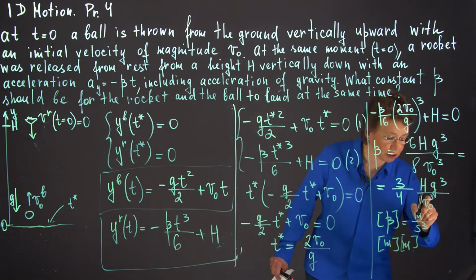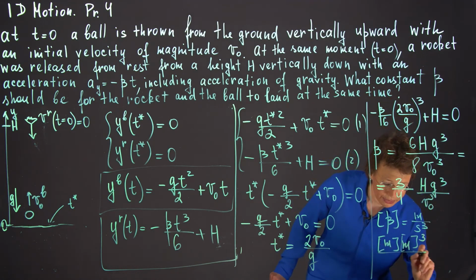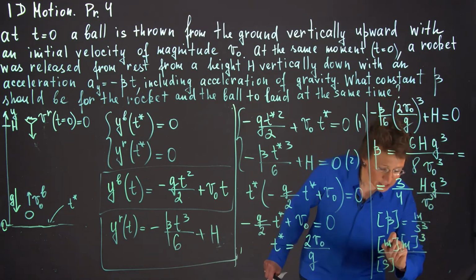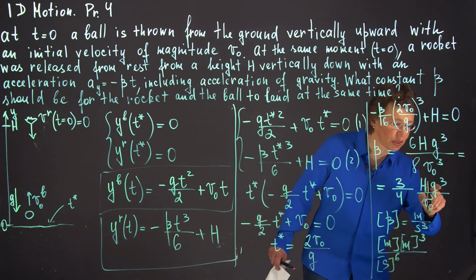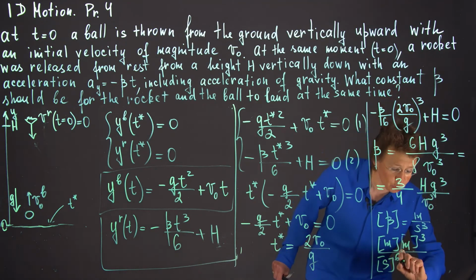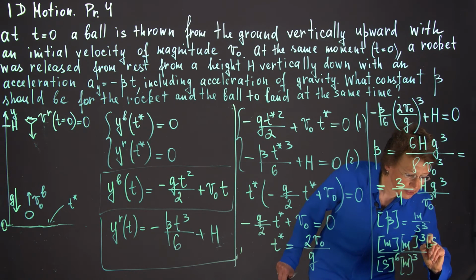G is meters per second squared, so it is meters cubed now, and then seconds to the 6, meters per second squared cubed, and now v naught cubed, meters cubed per second cubed.